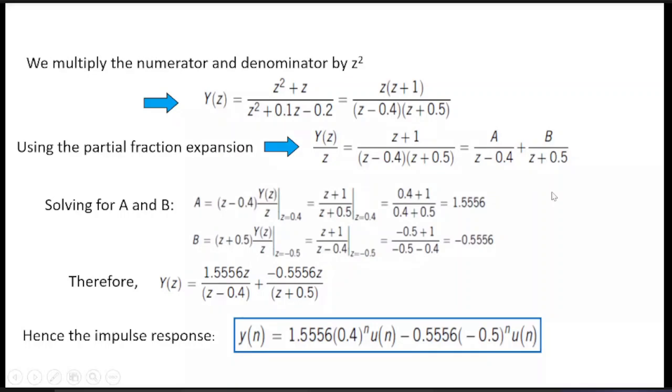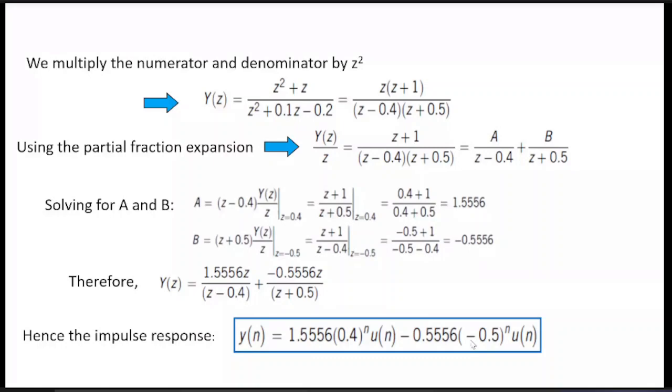So it is a causal sequence, and we get 0.4 to the power n u(n) with its coefficient and minus 0.5 to the power n u(n). So have you understood this example? Yes, sir. Okay, very nice.